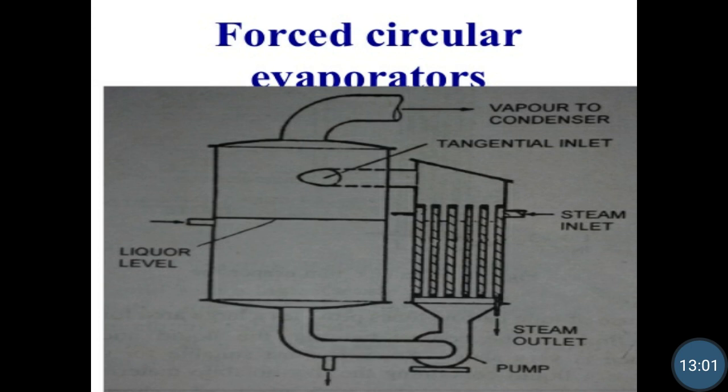All of you know what is meant by boiling point: when the vapor pressure of the liquid is equal to the atmospheric pressure, then the liquid starts boiling. But if we increase the pressure above the liquid, then the boiling point of the liquid is raised. In this way, actually the boiling does not take place, just heating of the liquid takes place.